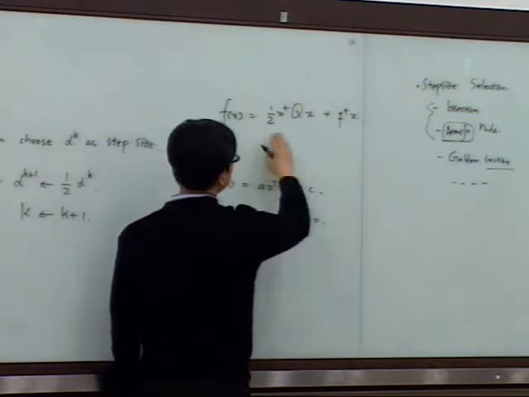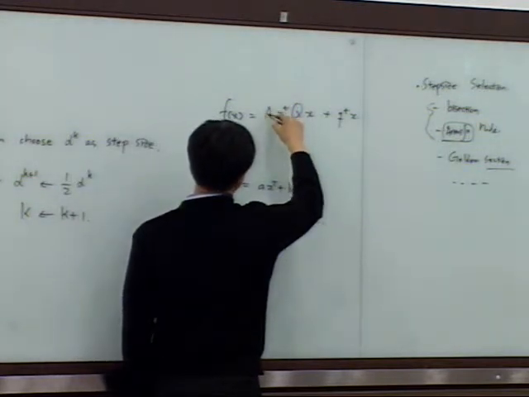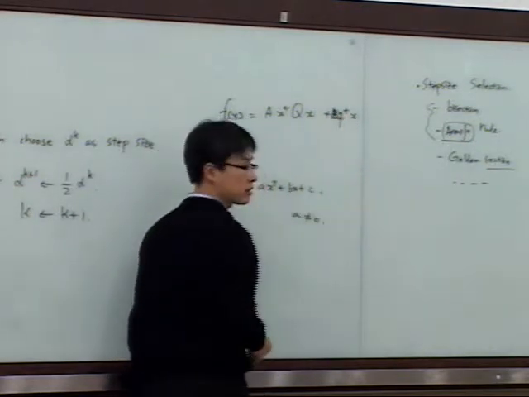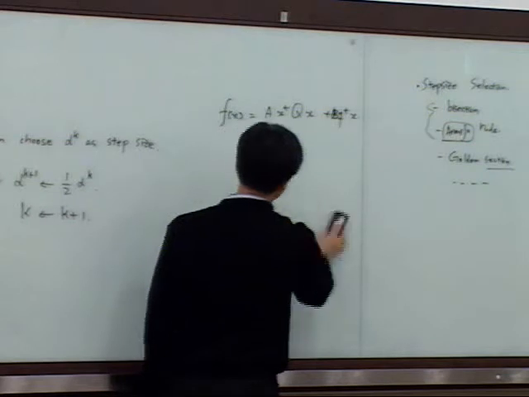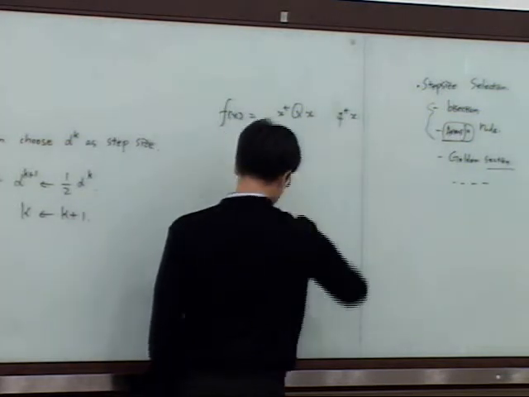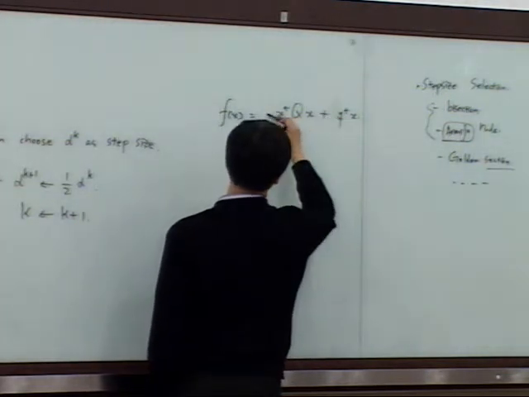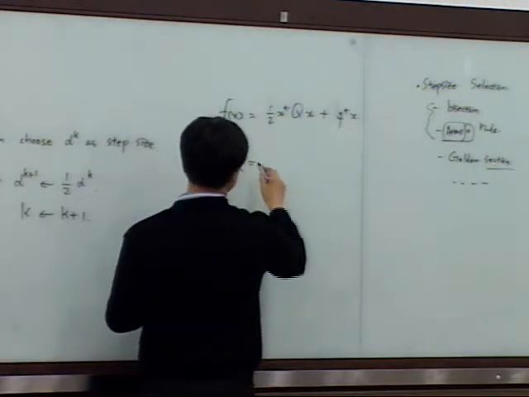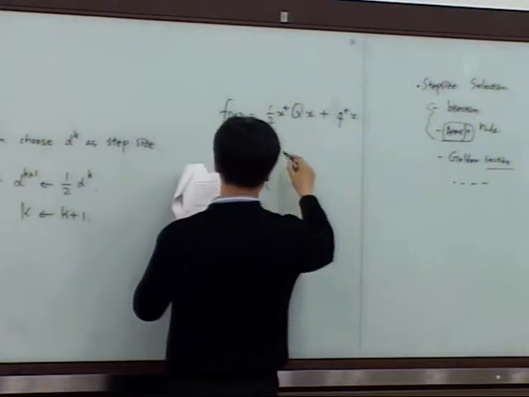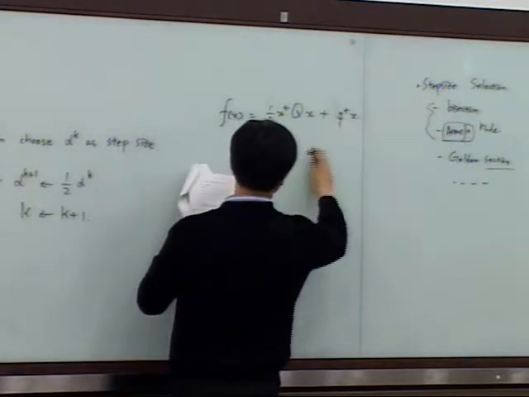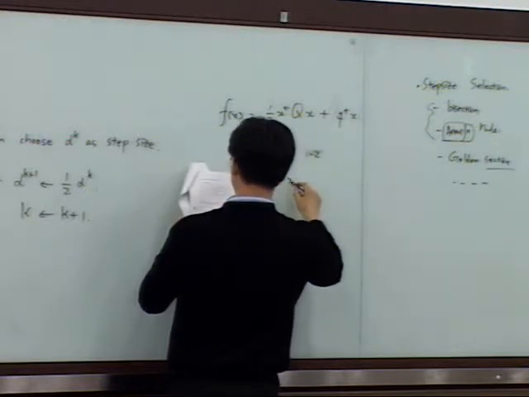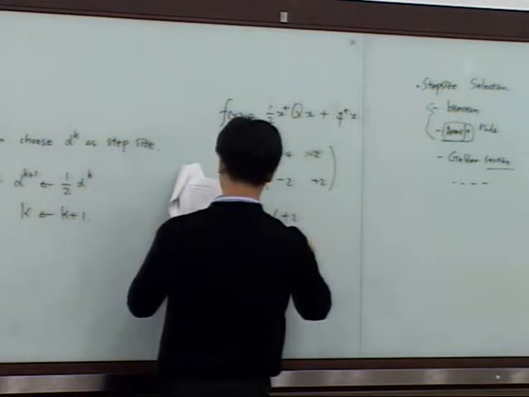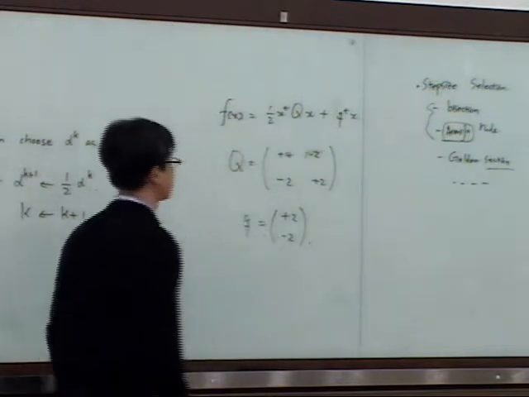Exactly the same thing. So let's say this is one example of a typical quadratic form, and you have to give this quadratic matrix. For example, plus 4, minus 2, minus 2, plus 2.